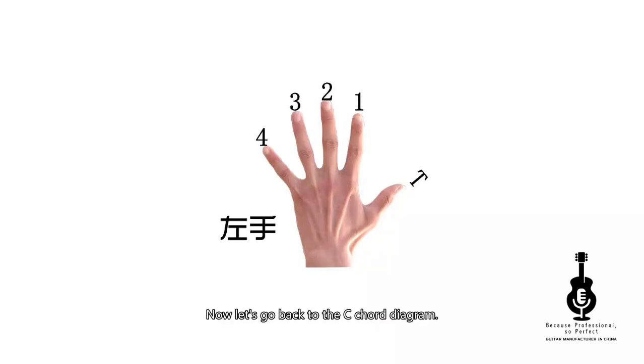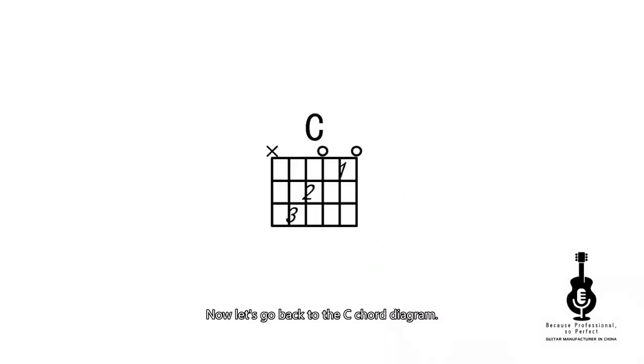Now, let's go back to the C chord diagram. Now we can see the numbers 1, 2, and 3 on it. Let's start with number 1. Number 1 is marked on the 2nd string. But which fret is it? Take a look. It's the first fret on the 2nd string. That means we use our left hand's first finger, pressed on the first fret of the 2nd string.